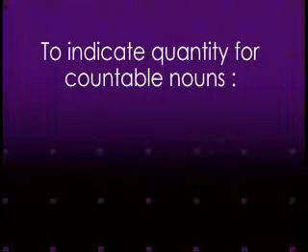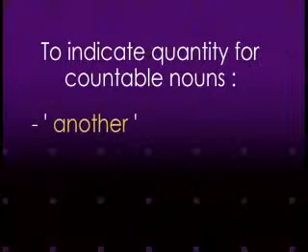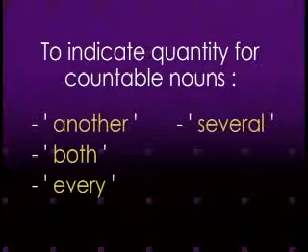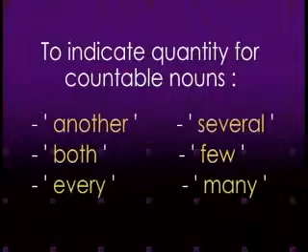When we don't want to state the exact number of countable objects, we can use words that indicate amounts. Some of these words are another, both, every, several, few, many.